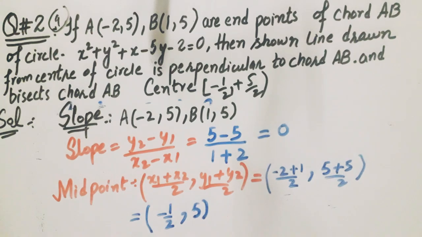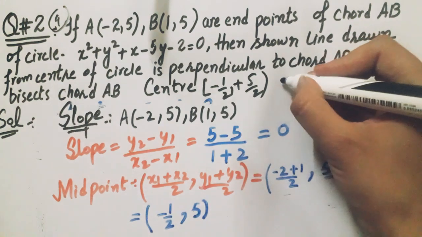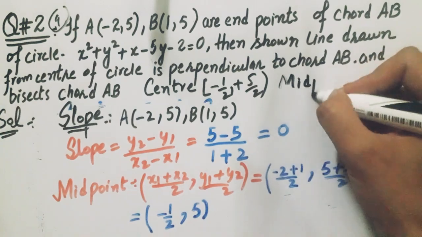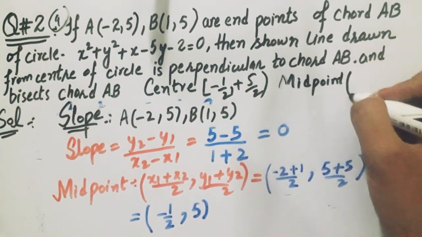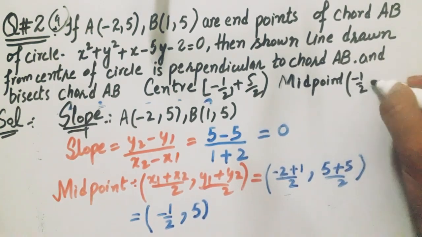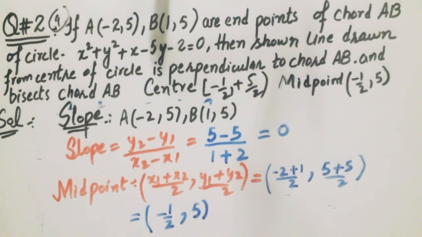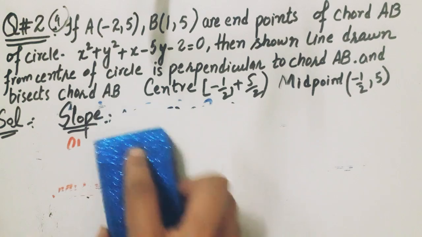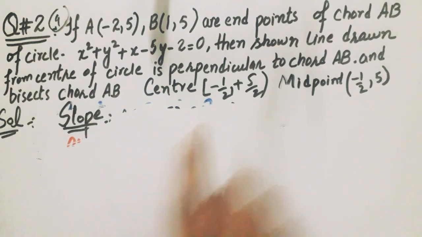Now after finding the midpoint, we will find the slope of the midpoint and the center. For this purpose, here we write the center and here write the midpoint. Midpoint is minus 1 by 2 and 5. Now we will find the slope for center and the midpoint.